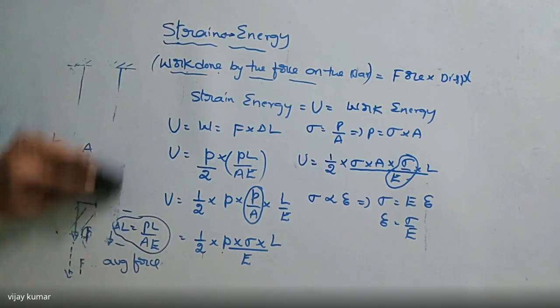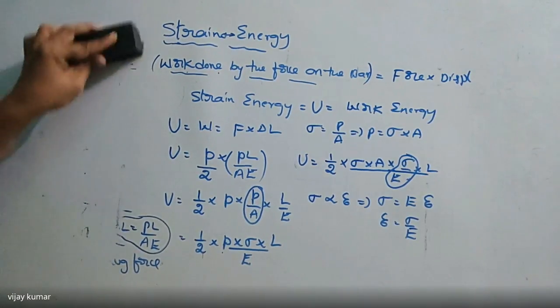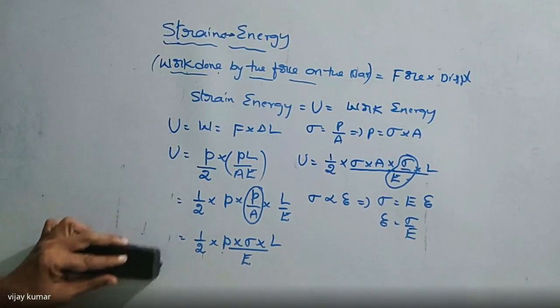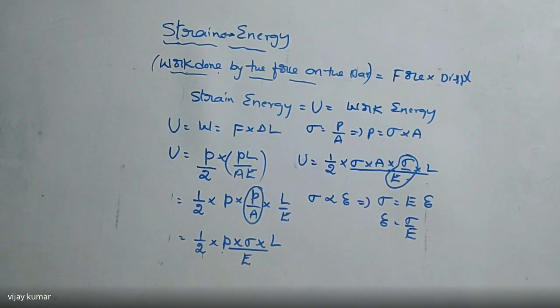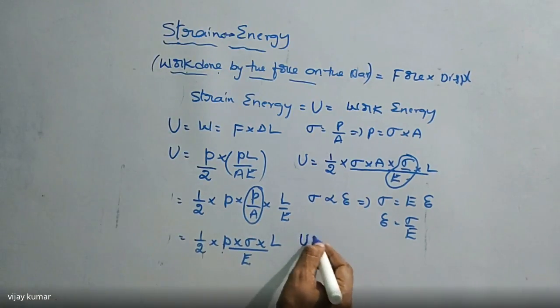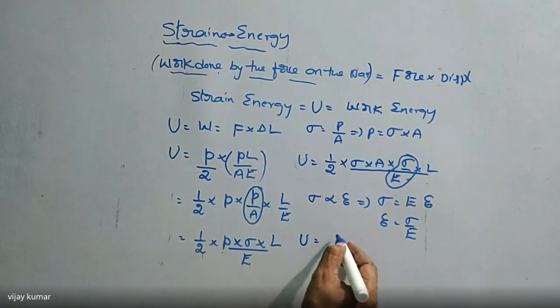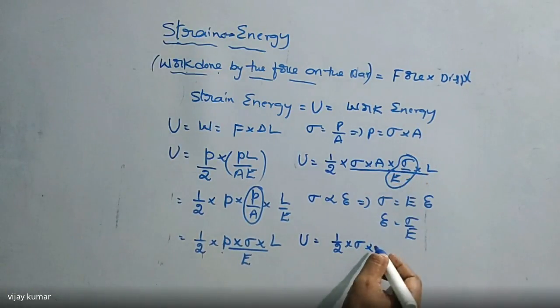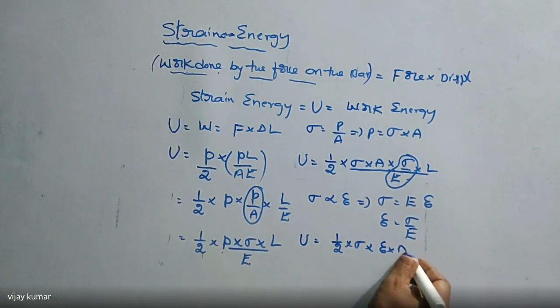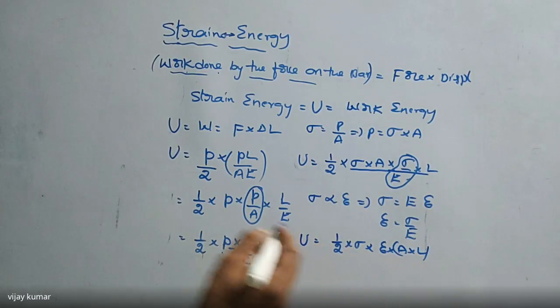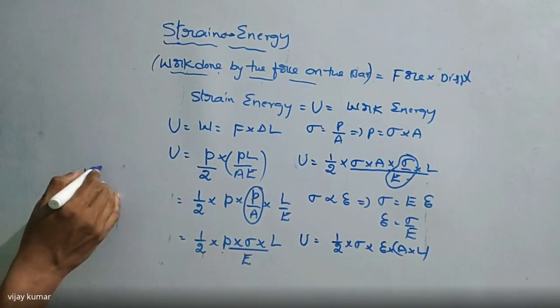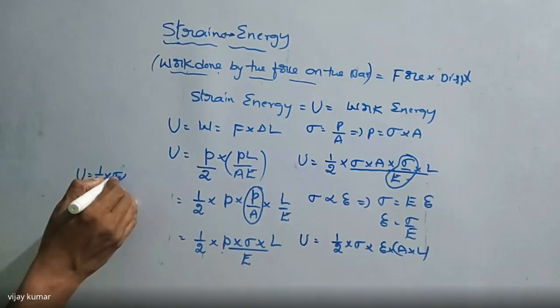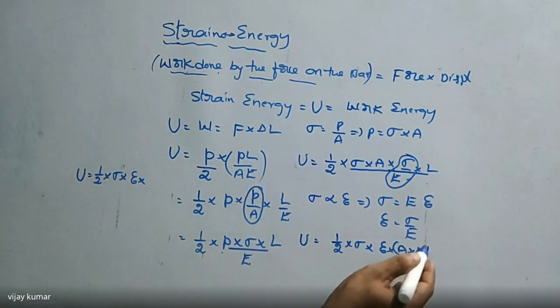So I'm writing here U is equal to half into stress into strain into area into length. Then strain energy is equal to half into stress into strain into, what is this value?